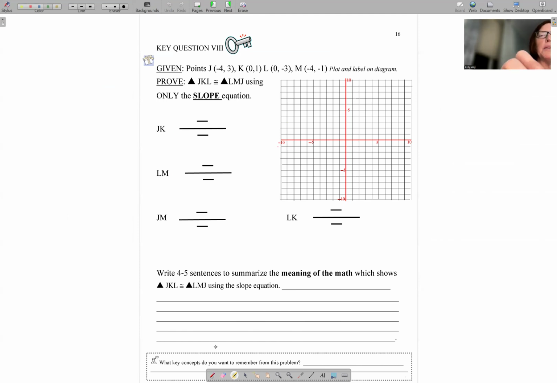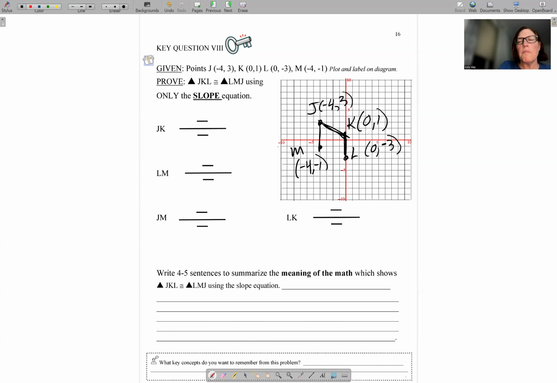Here, it's the same points that we started with for this one. J is at -4, +3. And once again, we're trying to prove these same two triangles are congruent, but this time we are only allowed to use slope.